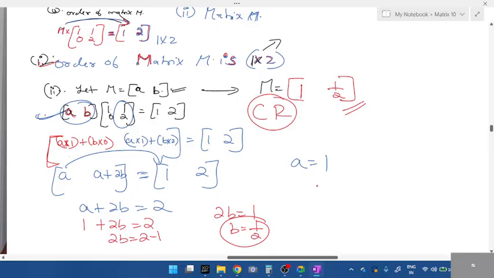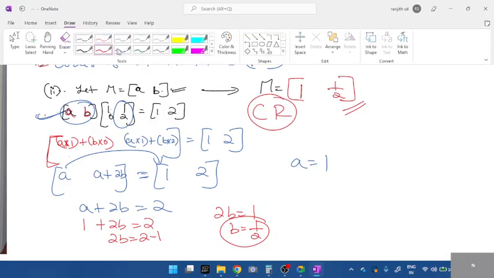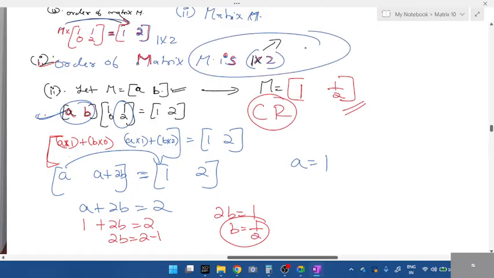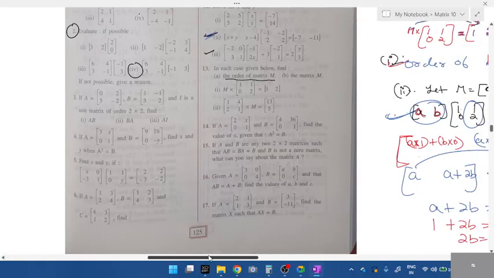Completed? Okay. So remember this, students, multiplication is different. You can't divide it. It becomes complicated. You assume a matrix, and that should be of the same order, 1 and 2. We'll do a few questions based on this.